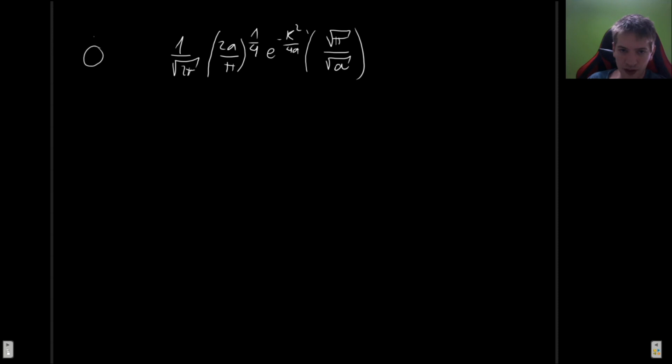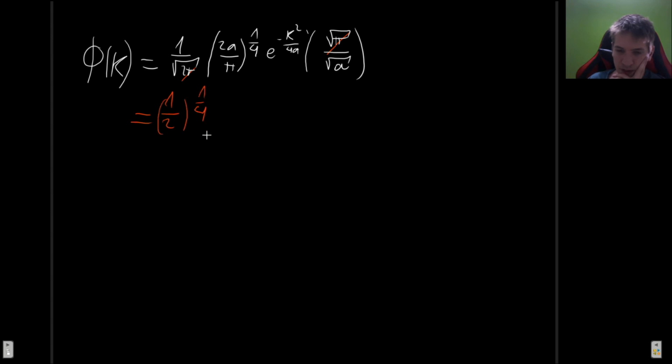So our phi of k is going to be this. So let's see. We got this square root of pi right here, which is going to cancel out this square root of pi right here. And then we have this square root of 2, and there's 2 to the 1/4. What we are going to get from that is going to be 1 divided by 2 to the 1/4 power.